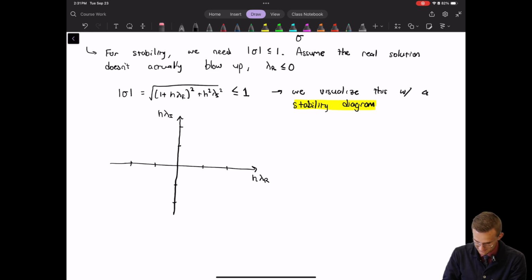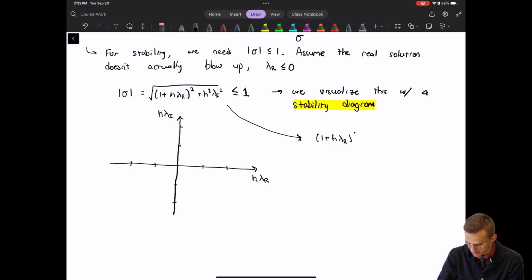So let's think about this general equation that we have here. How can we represent this? Well, there's a set of points for which the magnitude of sigma is identically 1, right? And that would be represented by 1 plus h lambda r squared plus h lambda I squared is equal to 1, right? Because we can square both sides of this equation.